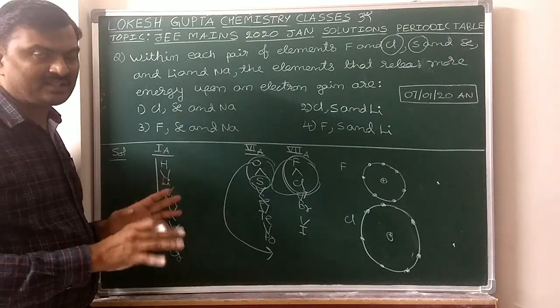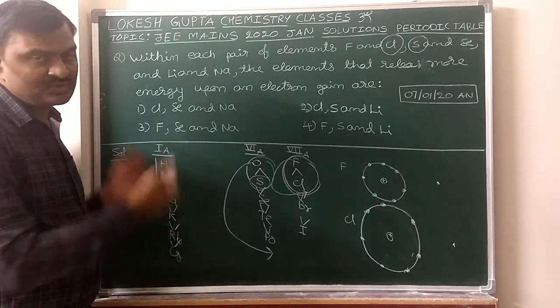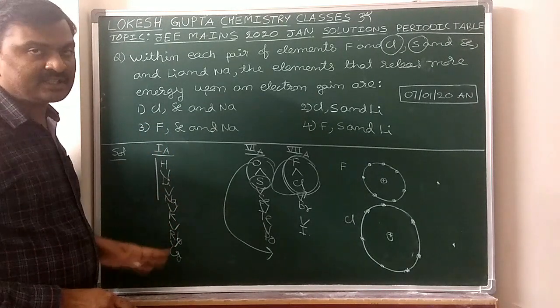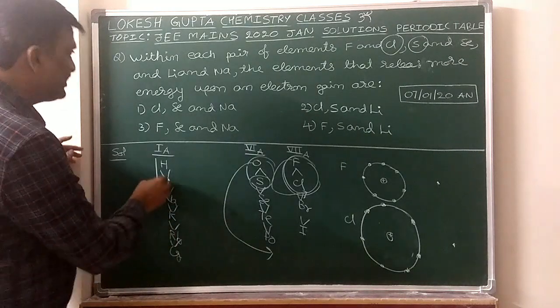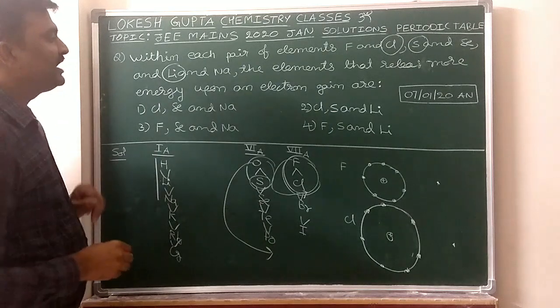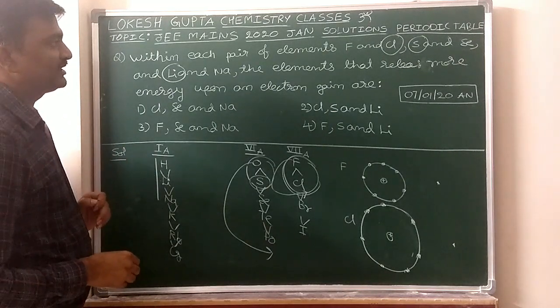So that's why that factor is not affected here. So down the group the size increased, so without any exception, electron affinity decreased. So between lithium and sodium, it is higher for lithium only.